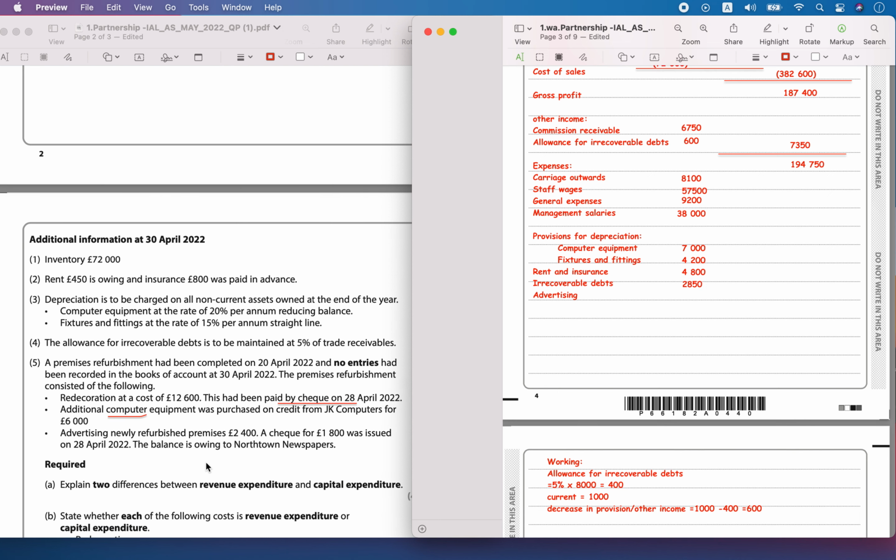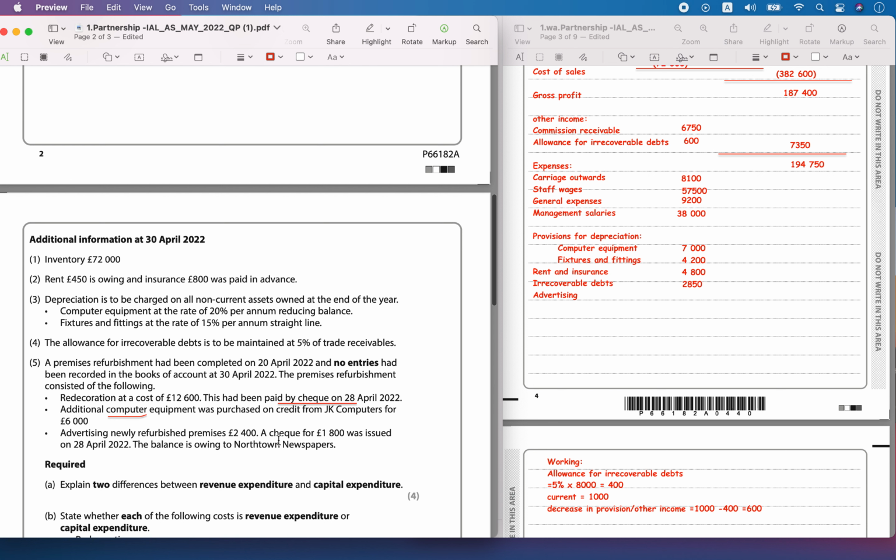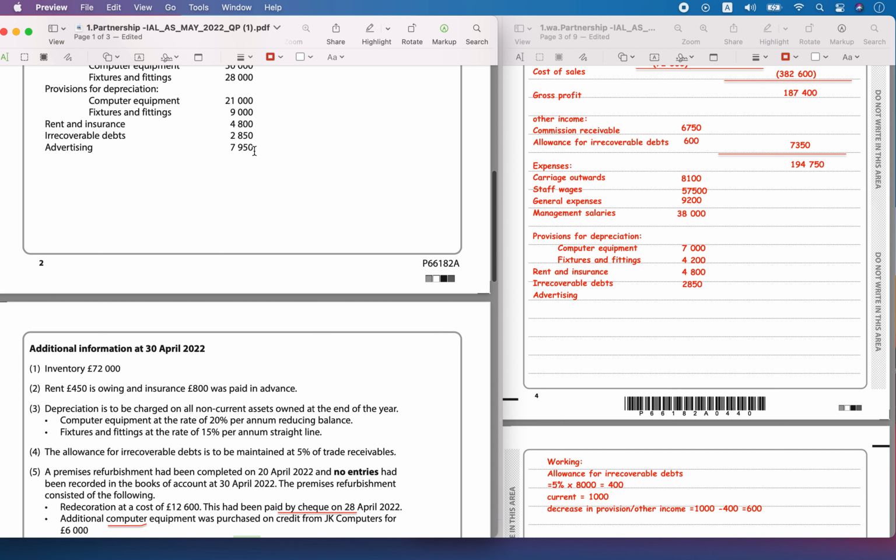And then we have the advertising expense. Advertising for the newly refurbished premises was 2,400.